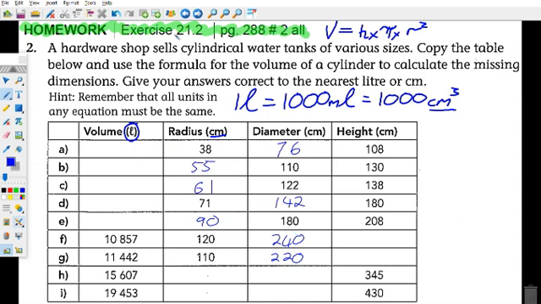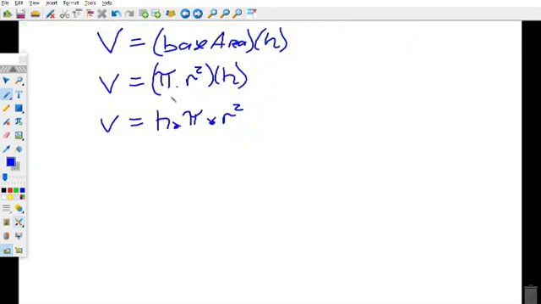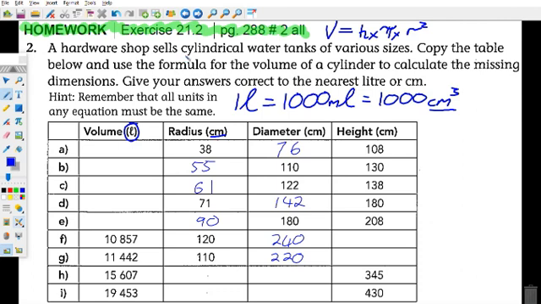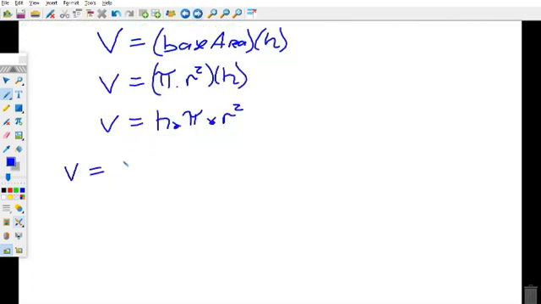Now for this first one, we have volume. Volume is equal to h times pi times my radius squared. We already have that from this here.